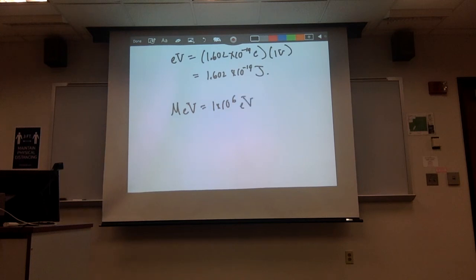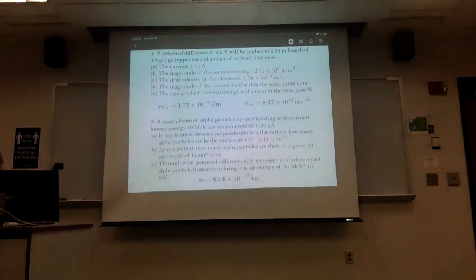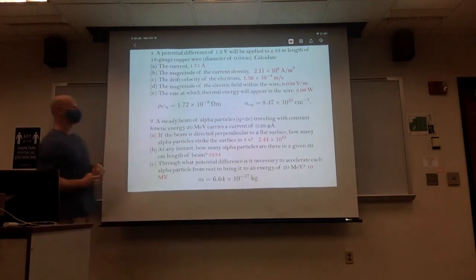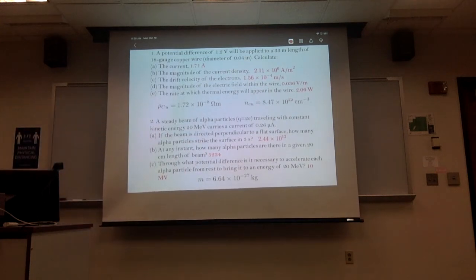So it's mega electron volts. So it's just a unit of energy. Okay, so let's go back to our question. So this thing has 20 MeV worth of kinetic energy, and it carries a current of 0.26 microamps. It says, if the beam is directed perpendicular to a flat surface, how many alpha particles strike that surface in a time frame of 3 seconds?